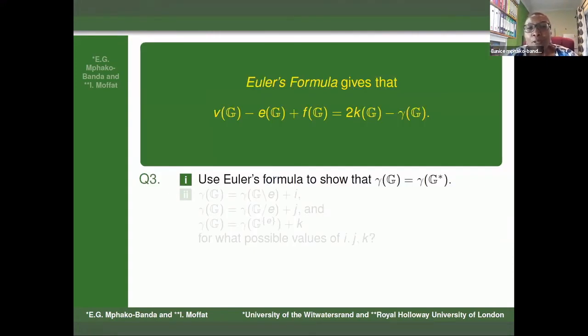So I'll recall again Euler's formula, because most of the problems which we are going to introduce, we are going to use Euler's formula.